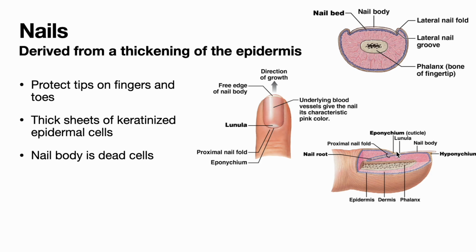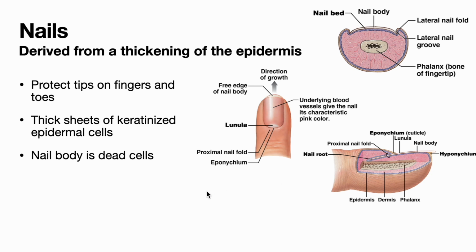This is really just a thickened part of the stratum corneum. And then underneath the tip of the nail, you have the hyponychium, which is, again, just a thickened area of the stratum corneum of the epidermis. So those are two important structures along with the actual nail body. And you can see how it forms deeper down in the dermis and then rises out onto the surface to cover the top of the epidermis.